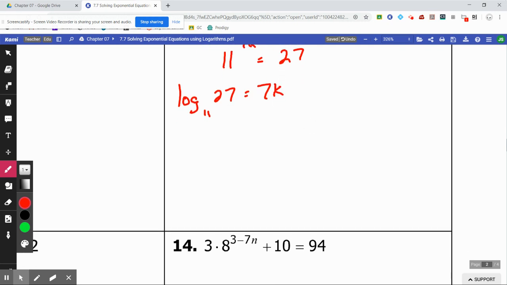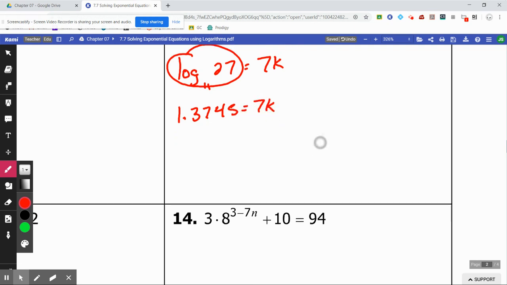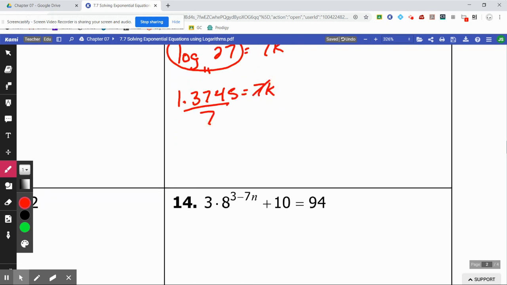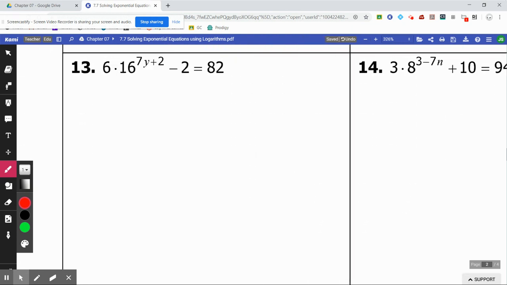We again type this into our calculator by doing the log of 27 divided by the log of 11. And that gives you 1.3745 is equal to 7k. Last step, let's get rid of the 7 by dividing by 7. And you get k should be about 0.1964.